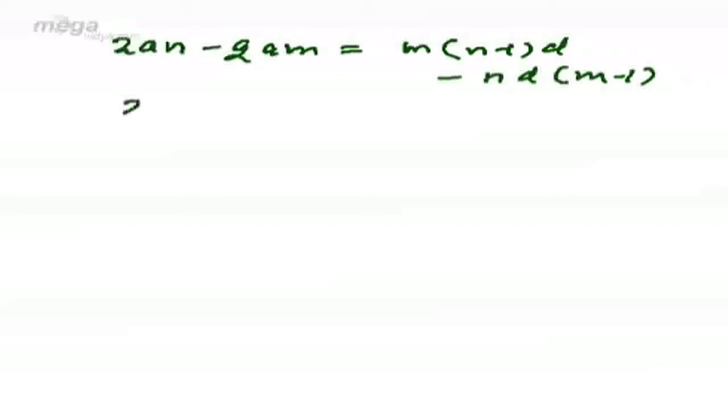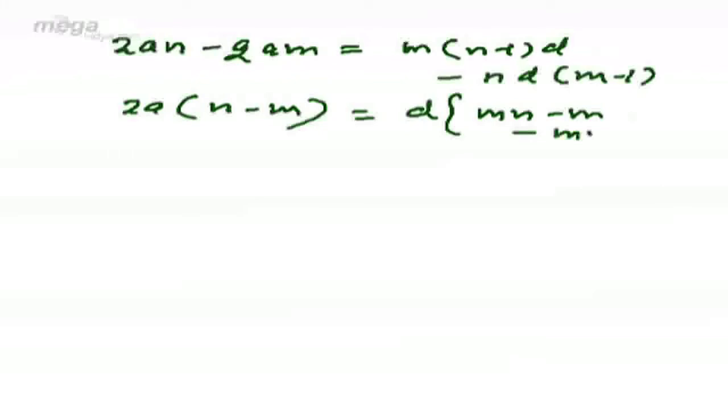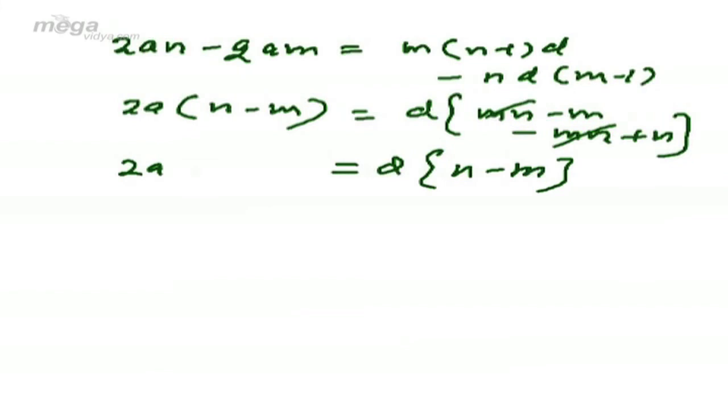Here we take 2a common. It becomes n minus m is equal to d into mn minus m minus mn plus n. Then mn gets cancelled, and it is n minus m. This one is 2a into n minus m, and n minus m gets cancelled by this. We get d is equal to 2a.